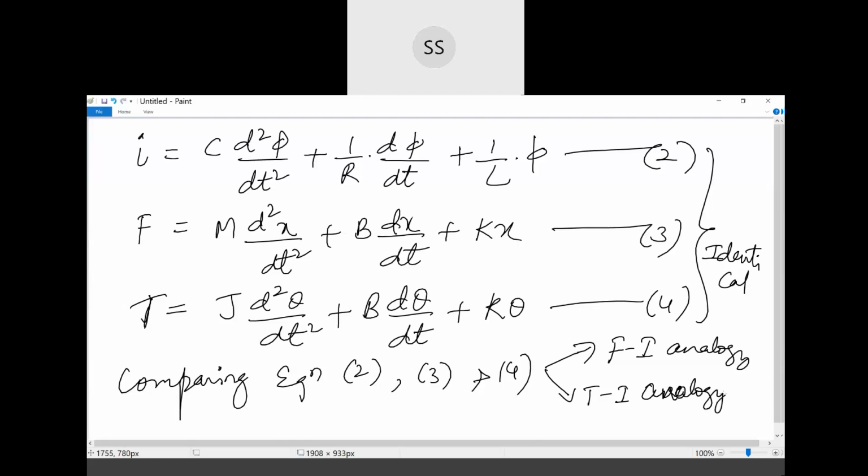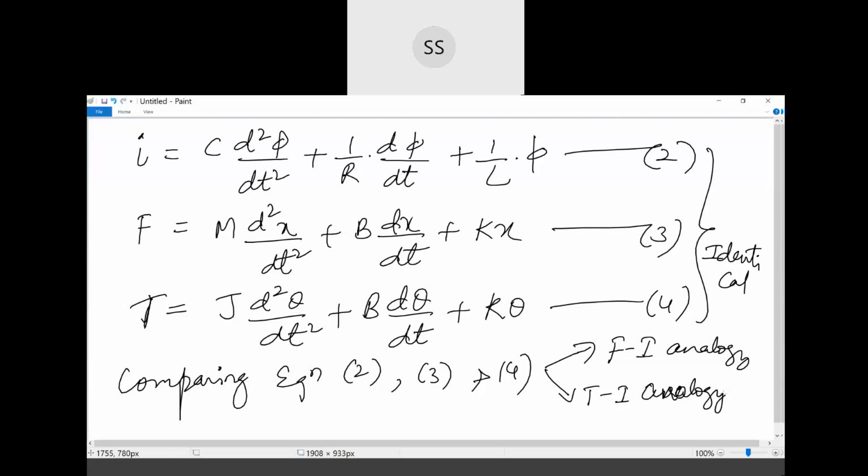Analogous means identical terms and identical equations, which represents an analogy. So by comparing, we can write two more analogies: one is the force current analogy and the other is the torque current analogy.